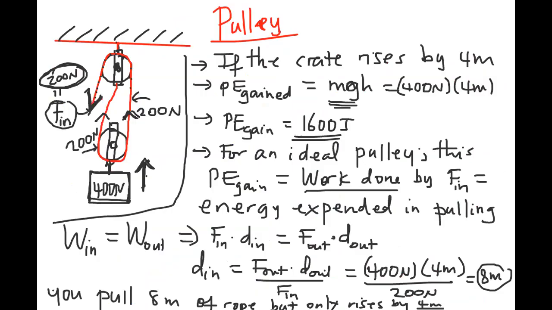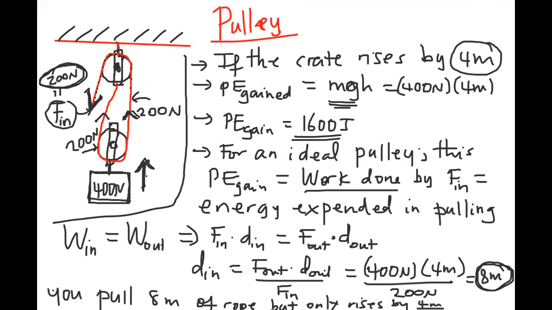We have seen a pulley as a machine. For this kind of pulley, you're benefiting because you're putting in only 200 newtons, but you are raising a 400 newton load. Whilst the load rises only 4 meters, you have to pull the rope 8 meters, so you're multiplying the input force at the expense of distance.